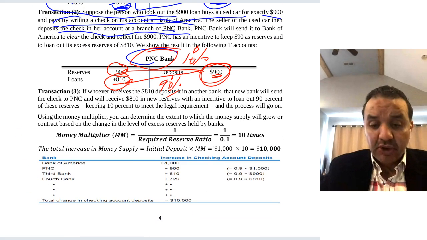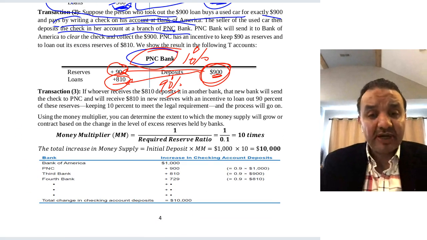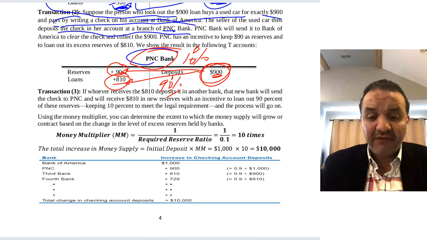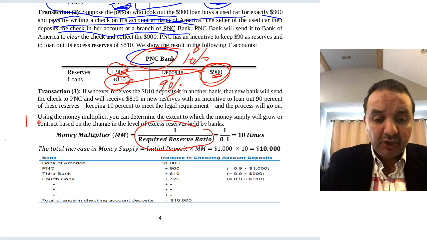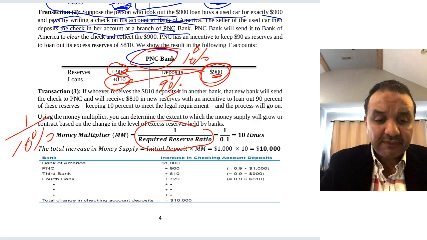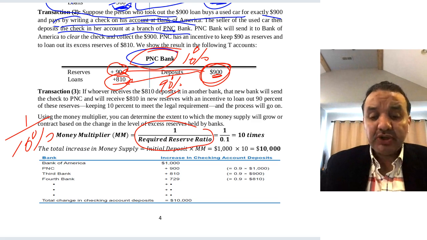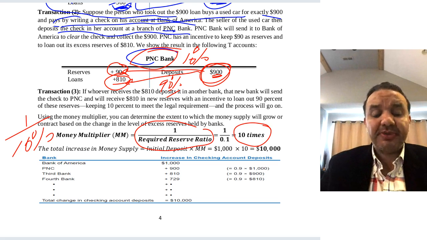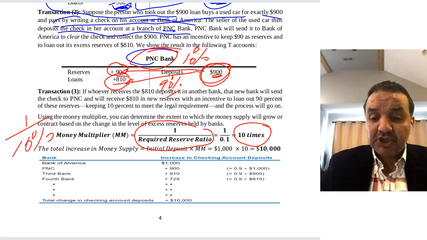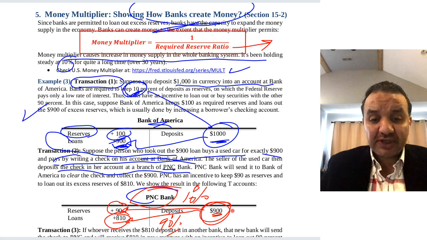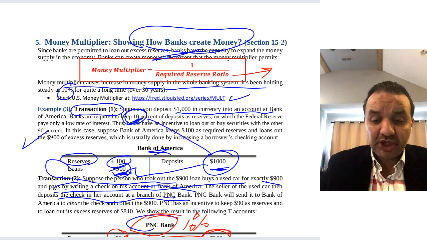Now let's see what we mean by the money multiplier. If you apply the ratio, it's a very easy formula: simply 1 divided by the reserve ratio, which is 10% here. So you are dividing 1 by 10%, or 0.1, which gives you 10 times. What does this mean? The initial deposit of this question was 1,000, the beginning of the story.